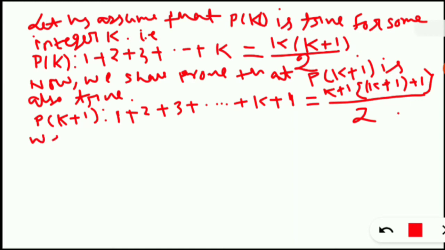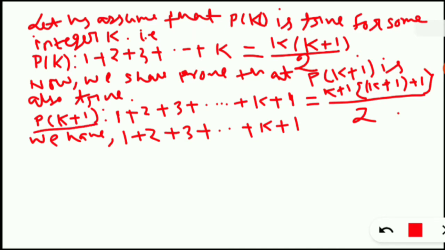Next we have 1 plus 2 plus 3 plus dot dot k plus 1. That means here we retain the left hand side of P(k+1). Clear? So that's why we have 1 plus 2 plus 3 plus dot dot plus k plus 1.